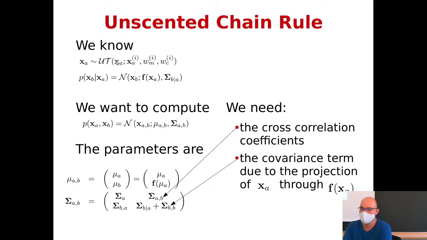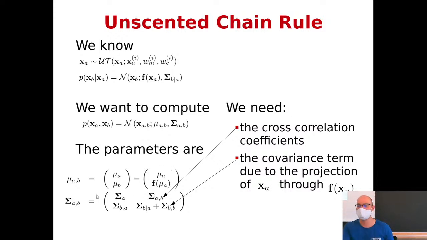Because if I take the mean of this distribution and I shuffle it into f, I will get another vector in the space xb, and this is defined to be the mean. So the most likely point of this distribution will also be the most likely point of this conditional distribution. And so the mean becomes f of mu a, where mu a is the mean of this. And I'm happy with the mean.